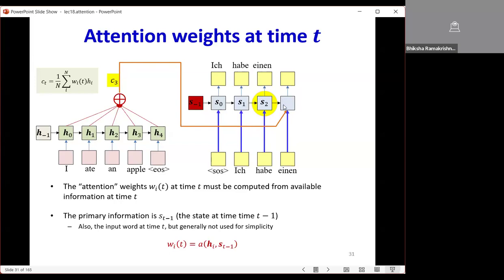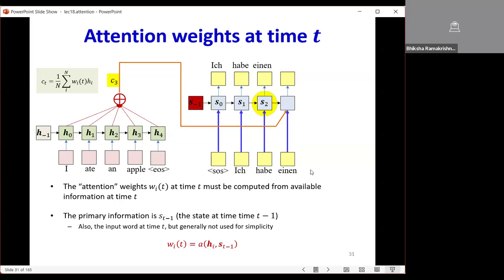Now, clearly, the only things you can use to compute these weights are what you already have. What do you have at this point? Can anybody tell me? When you're out here, what does the decoder have? It's going to have this S2, the most recent state, which is what will influence this most, and the word "einen".